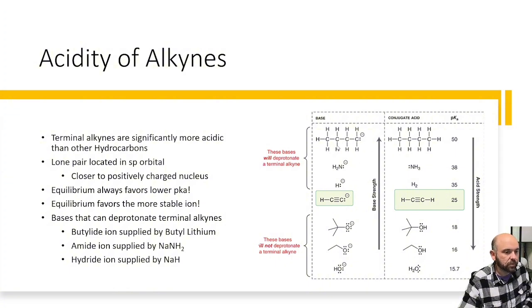in the top here. We see that bases such as NaNH2, sodium amide, and sodium hydride can deprotonate the terminal alkyne proton. Those will not work for things like a butane group or something like that.